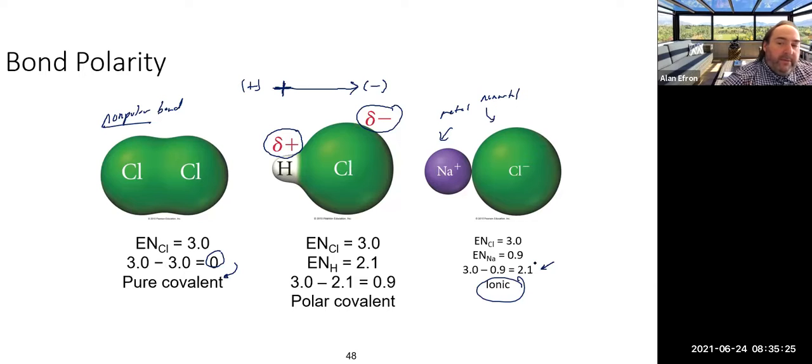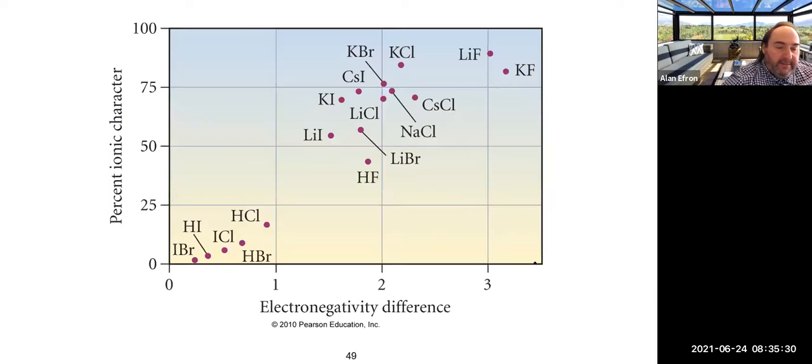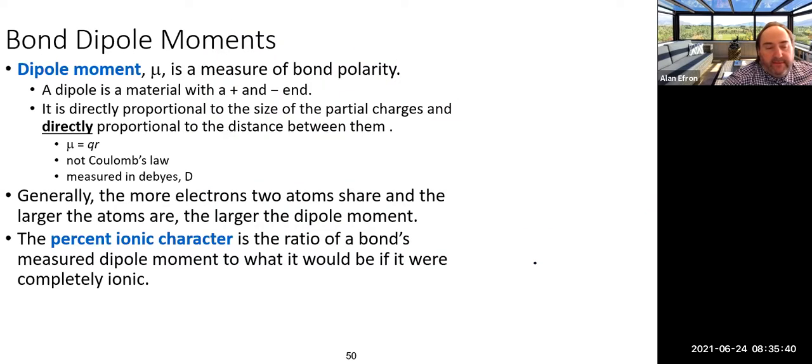Now, when we talk about bond polarity, as I mentioned before, it is something different than what is sometimes referred to as molecular polarity. Now, when we're dealing with a certain type of molecule, we can determine molecular polarity by looking at that particular element.